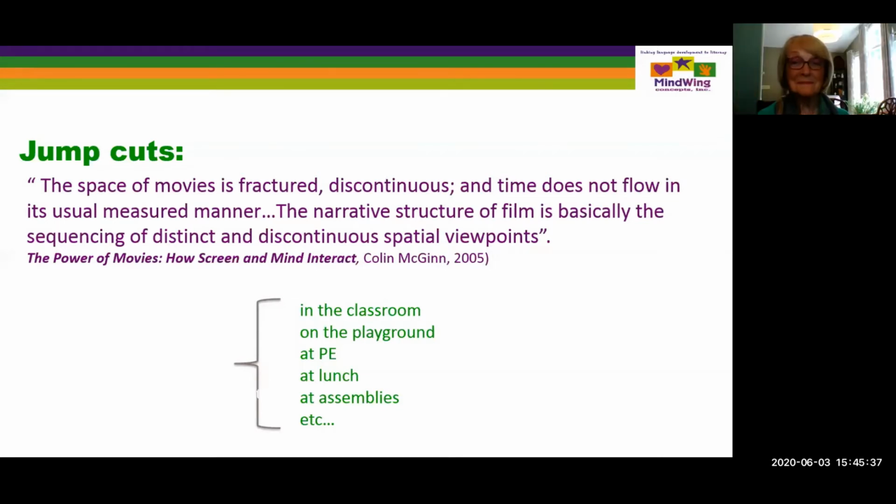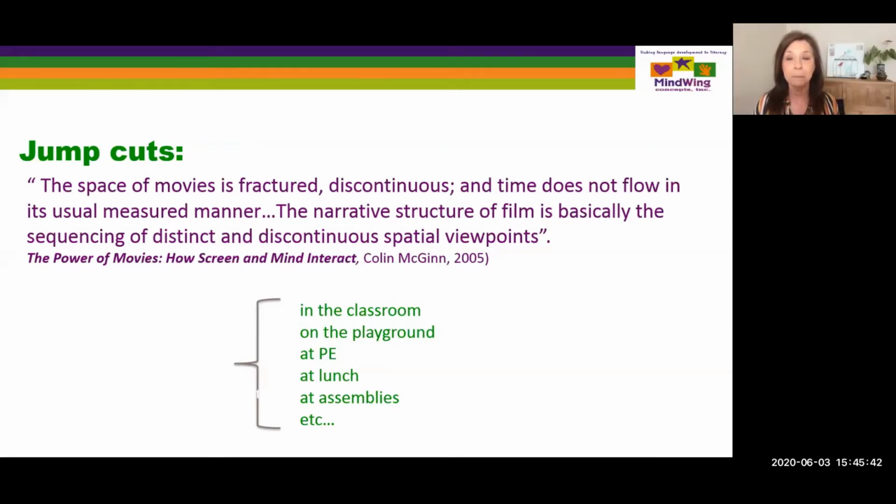And jump cuts feather in really nicely right now, because one of the things that makes it difficult for our students to understand social is the idea of jump cuts. Jump cuts come from an idea in movies. The space of movies is fractured, discontinuous, and time does not flow in its usual manner because there are cuts.